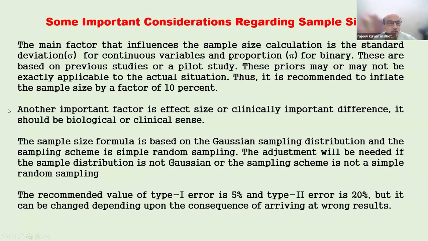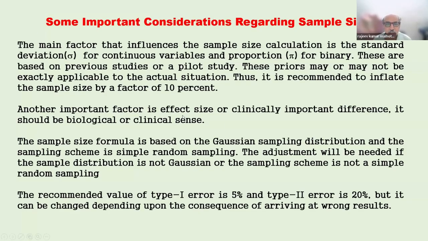The main factor influencing the sample size calculation is the standard deviation for continuous data and the proportion for binary data. These come from previous studies or pilot studies. The prior study may or may not be exactly applicable to the actual situation. If you calculate the sample size based on the prior standard deviation, it may not be applicable. So to be safe, you increase your sample size by 10%. This is optional, whether you want to increase it or not, but this is the suggestion.